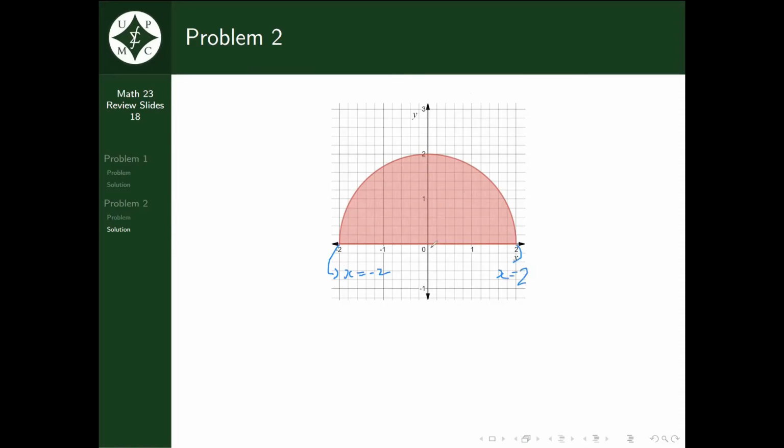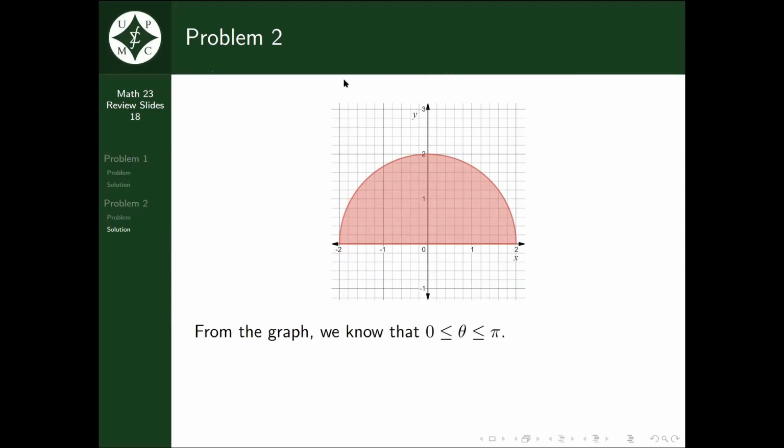So this is our xy projection. From this graph, we know that theta is from 0 to pi. So now we've found our theta values, but is there anything else we can determine from this projection? Not really. So in order to gain a better understanding of what our solid is, we must start graphing.